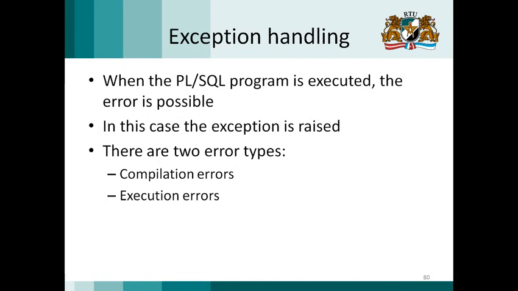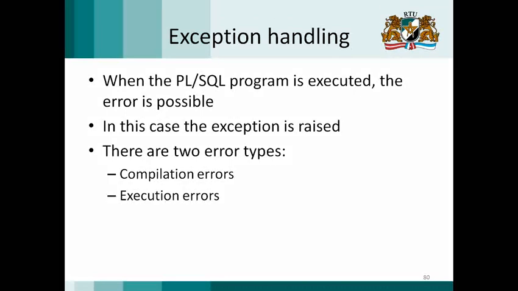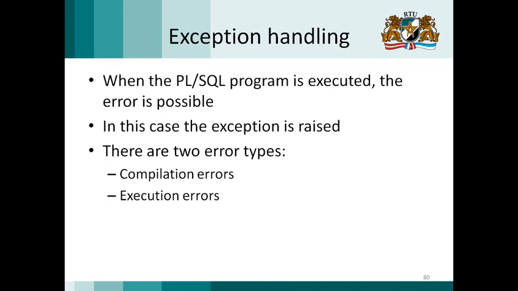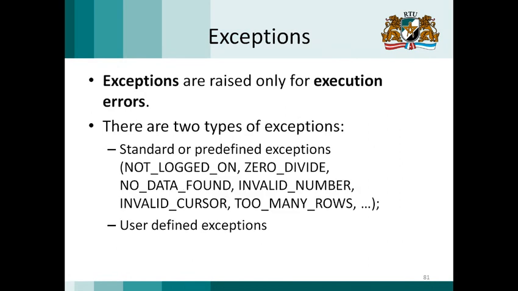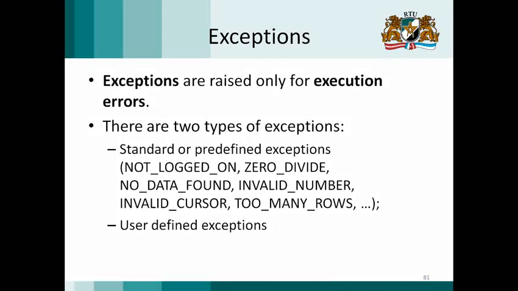For example, when Oracle compiles some procedure, it may not know that we will give it a parameter that makes it divide by 0. In this case, there will be an execution time error, but no compilation time error. And as I mentioned, exceptions are raised only for execution errors.